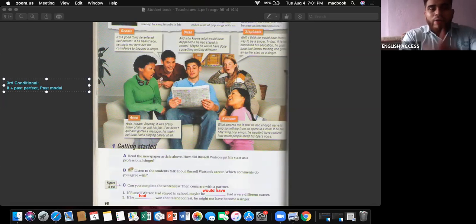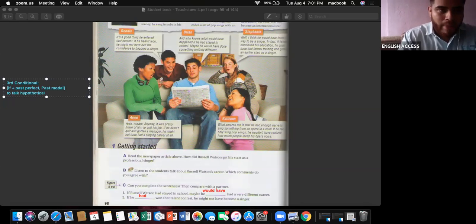Now we already know what a past modal is. A past modal is would have plus past participle, could have plus past participle, and should have plus past participle. Remember, we use the third conditional to talk hypothetically about the past.